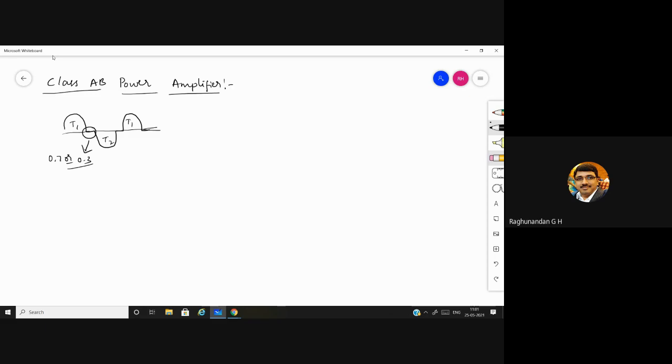So to overcome this problem, we are going to use class AB power amplifier. Also, you know that in class A amplifier, we were using a single transistor, and the efficiency which we have observed in class A is low. In series fed class A amplifier, it was just 25%, whereas in transformer coupled class A amplifier, it was 50%.